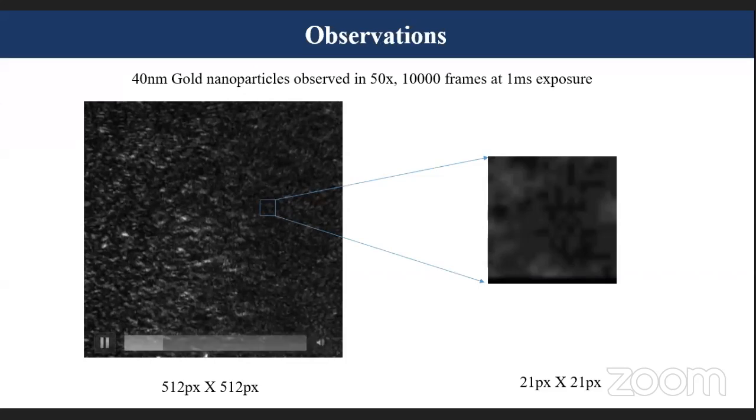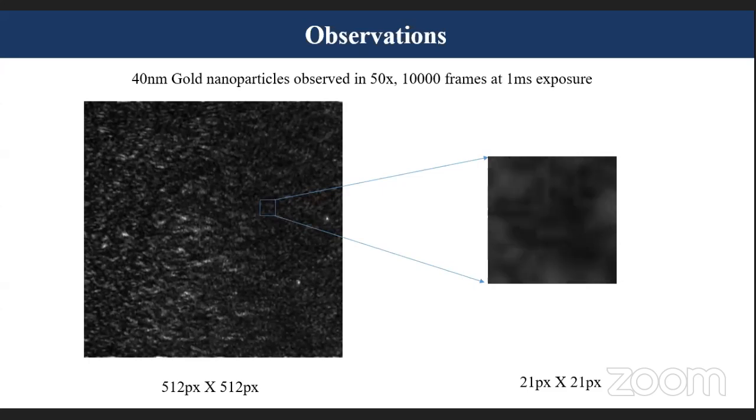However, analyzing such a big area is not possible because it requires a lot of computation power, and even the best computers take a lot of time to process this big image at once. So we took a small part of that, and since it's a very small part, you only see the variation of intensity in the pixels, not precisely how nanoparticles are coming and going out of this plane.